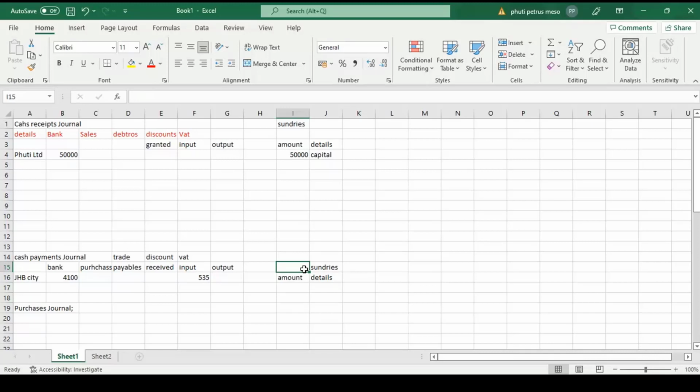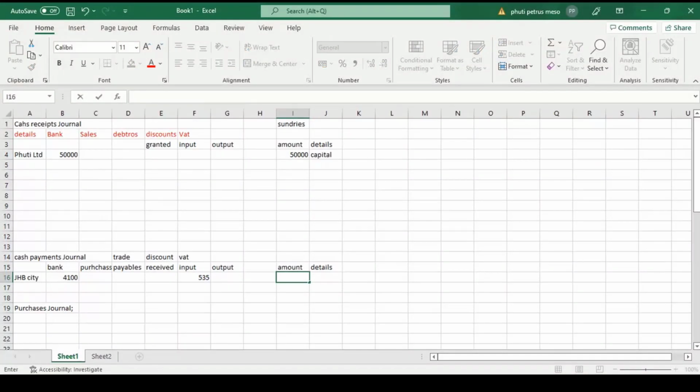Okay. So quickly, let me just remove this Sundries here, and I can put the amount here, the details here. How much is the difference? Somebody quickly help me: 4,100 minus 535.